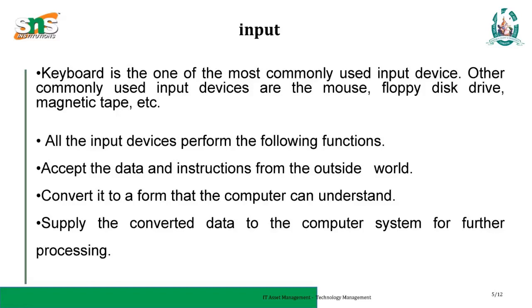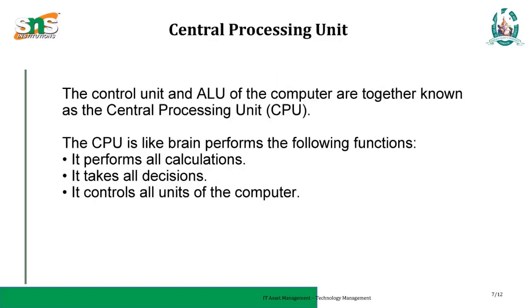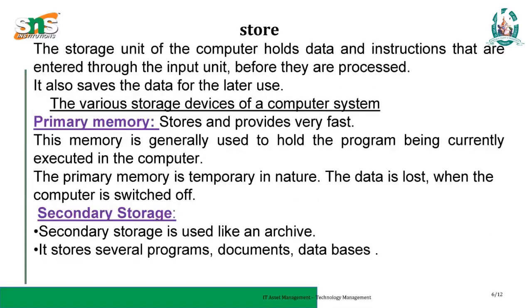Likewise, there is a storage unit, which is used to store information. This is the storage unit of a computer that holds data and instructions entered through the input unit before they are processed. It also saves the data for later use. You have two types of storage device: primary memory and secondary memory.